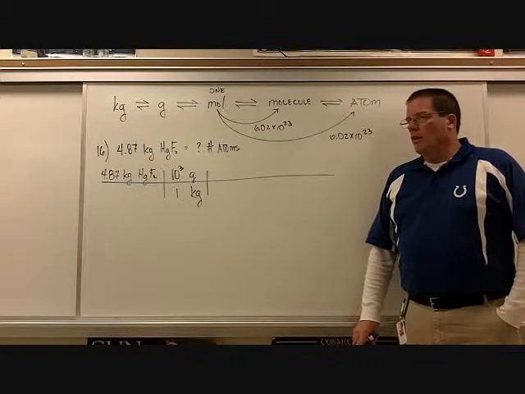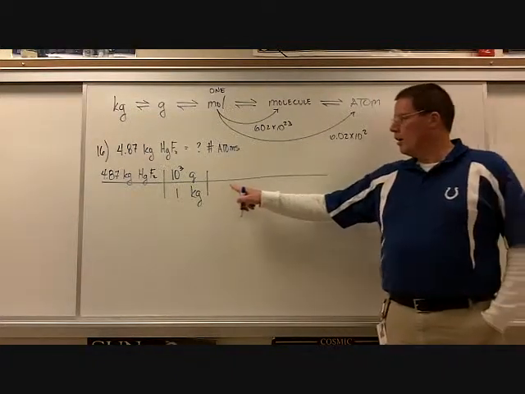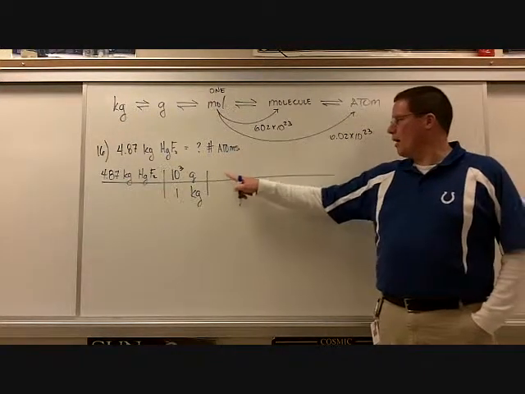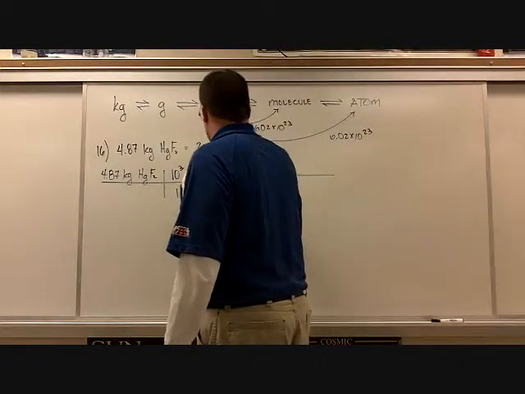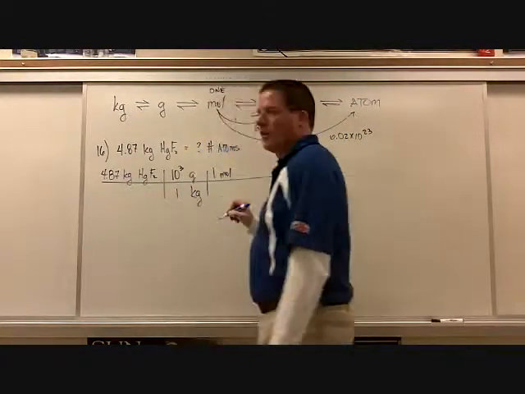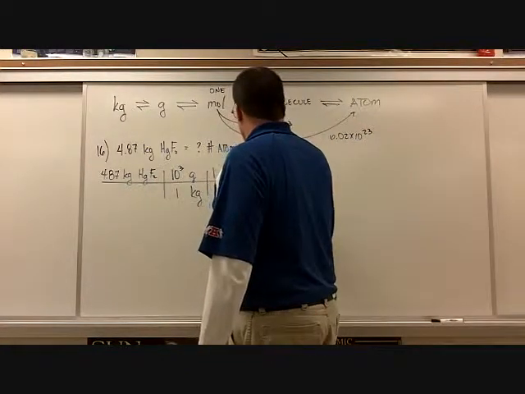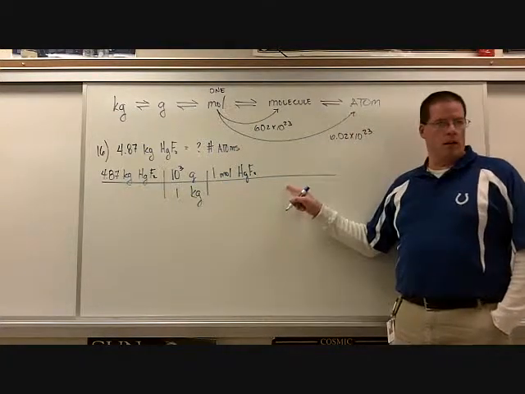And then what? So we're going to have grams down here, but we're going to need a value. So before we do that, let's write what we should have up here. Mole of what? And it's probably a good idea to write that so that you know what the mass should be down here.